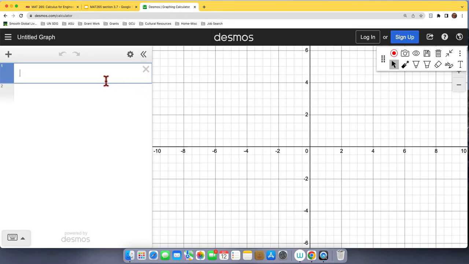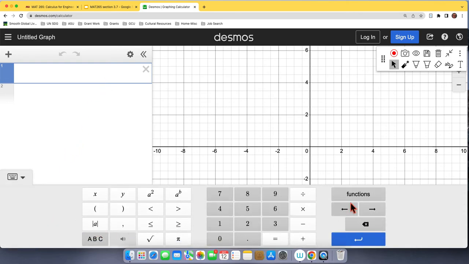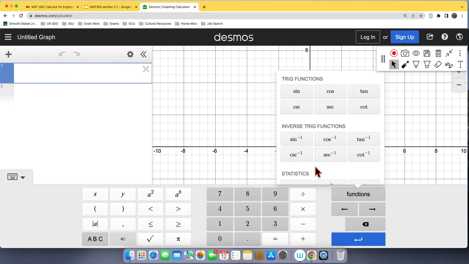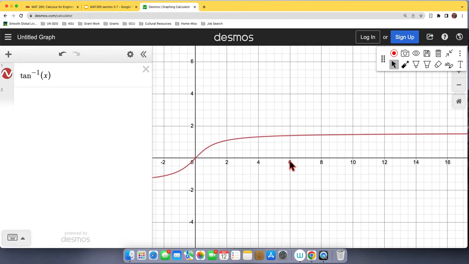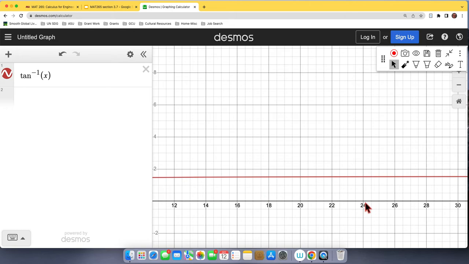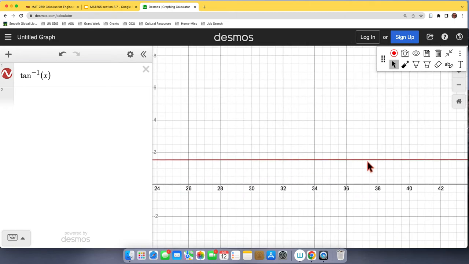Just do a quick graphing of inverse tangent. So they've got these functions here, and we see it's kind of this little inverted S. If you go along here, you'll see it gets closer and closer to, if you come far enough out, 1.57, which is actually pi over 2.